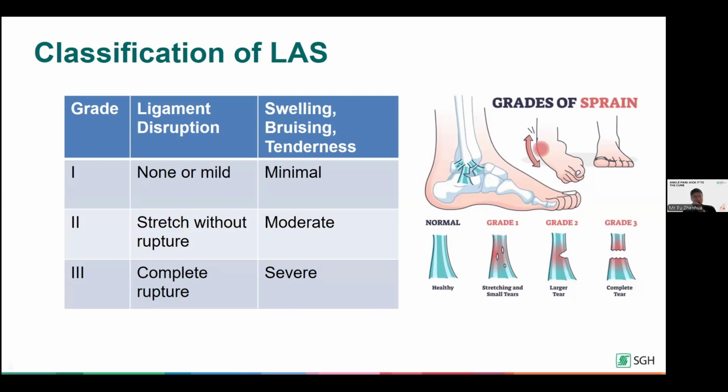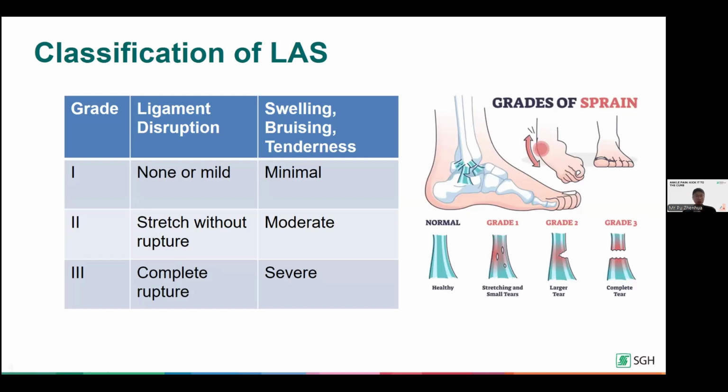Whereas for a more serious grade 2, you can see on the diagram on the right side, the ligament is overstretched to an extent that there is a little bit of rupture, or what we call a partial tear. And it can present with moderate swelling and bruising and be painful to touch.